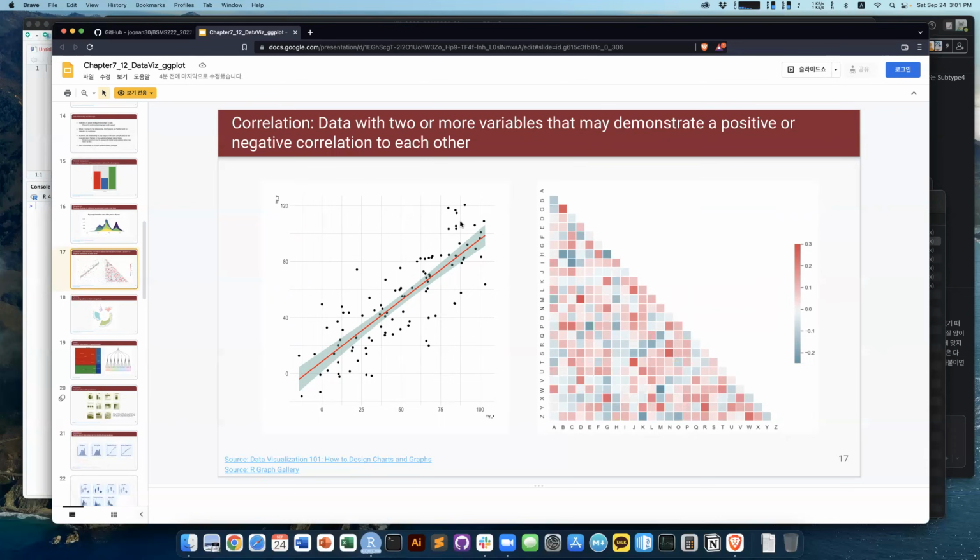Then you can say the x-y relationship forms certain information. But in the real world, if you measure some data set, you always have more than one relationship.